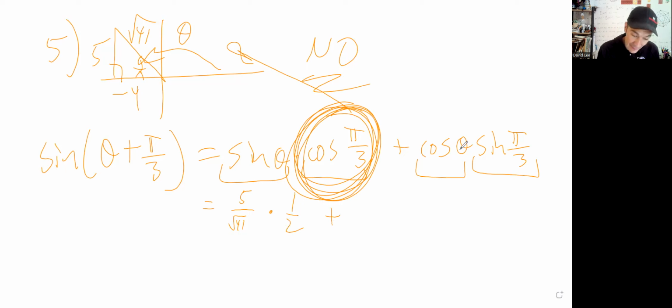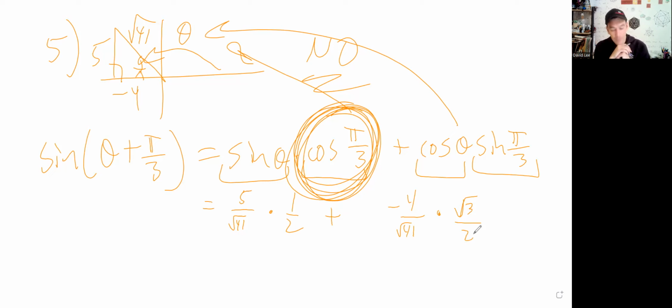Now over here, cosine theta, you do need the picture. The picture is dependent on theta. Cosine would be adjacent over hypotenuse, times the sine of pi thirds. Go back to the unit circle. Sine of pi thirds would be square root 3 over 2.